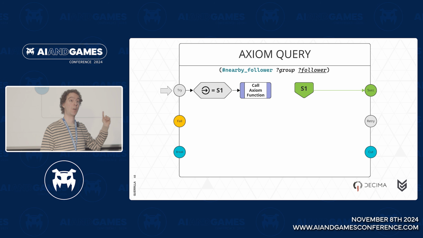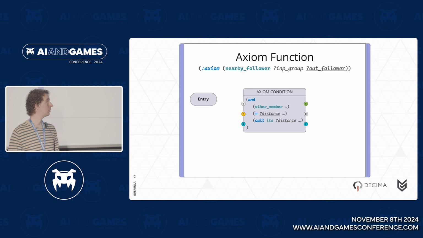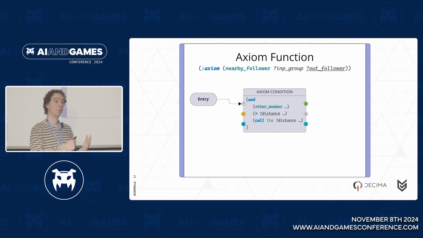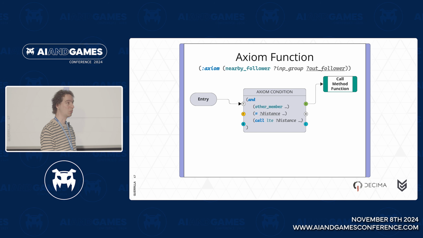So let's now follow that function call. We're in our Axiom function now, and from there we'll evaluate the condition. Now on success, we'll call forward to that method that we came from. So we'll have our method Axiom calling into the method the second time.